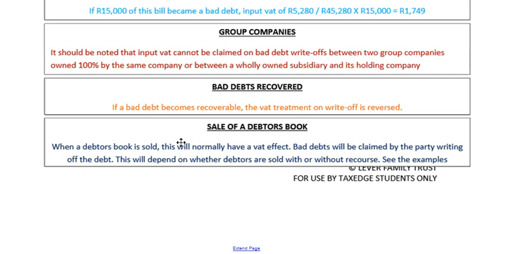If you sell a debtor's book off, there's no bad debt. But if it's with recourse, they can give it back to you and you get asked to pay them out for it, you will then be able to claim bad debt because it's sold with recourse and it's your bad debt again and you'll be able to write it off.